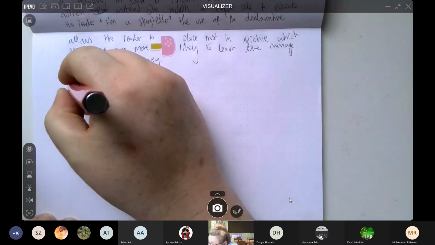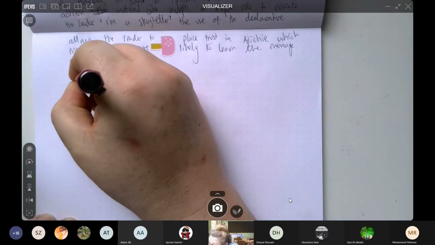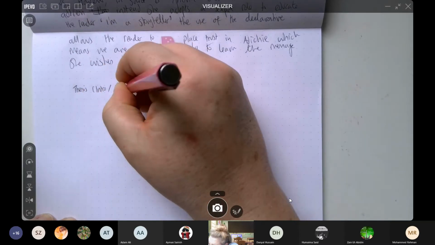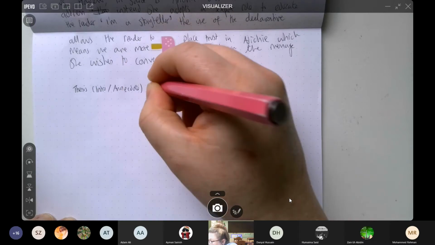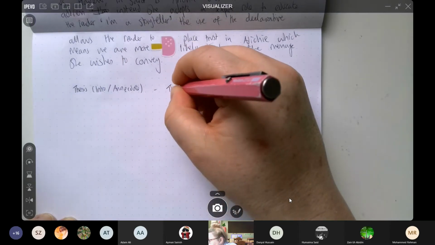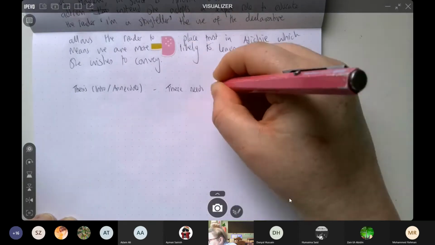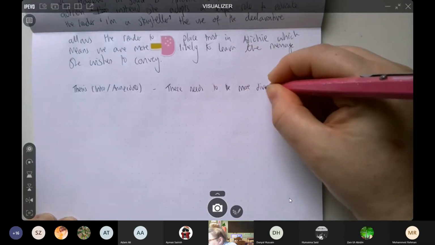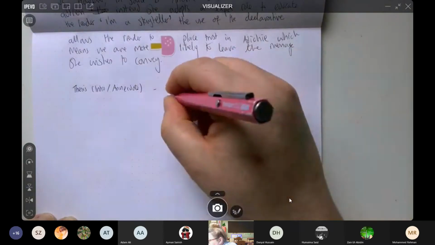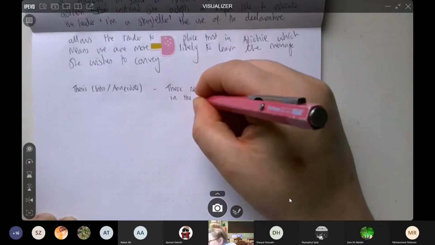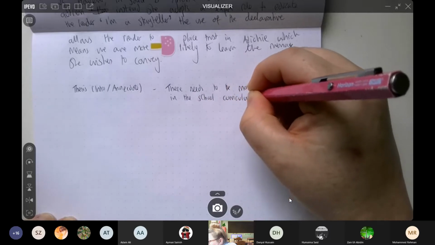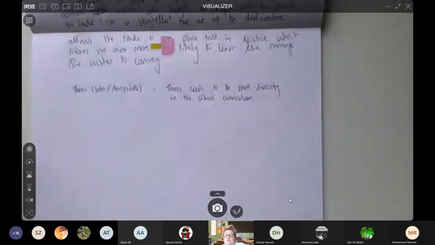So your thesis, which is essentially the intro of your letter, is that there needs to be more diversity in the school curriculum. So that would be my thesis statement, which I would then use to create my introduction.